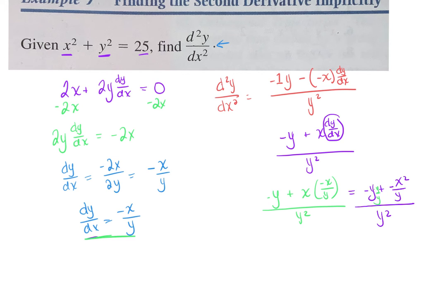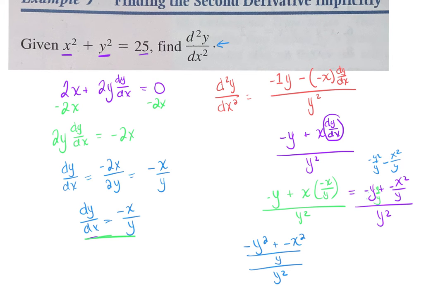Does that make sense? So I have negative y squared plus negative x squared all over y squared. Everybody see that? I just got a common denominator. I just multiplied top and bottom by y. So this became negative y squared over y minus x squared over y. Yes? So I just got a common denominator for my numerator.